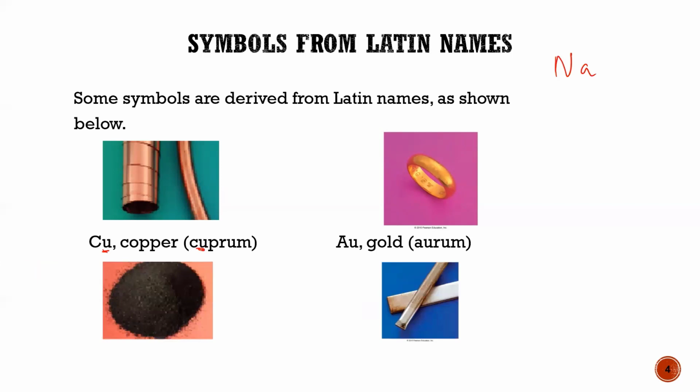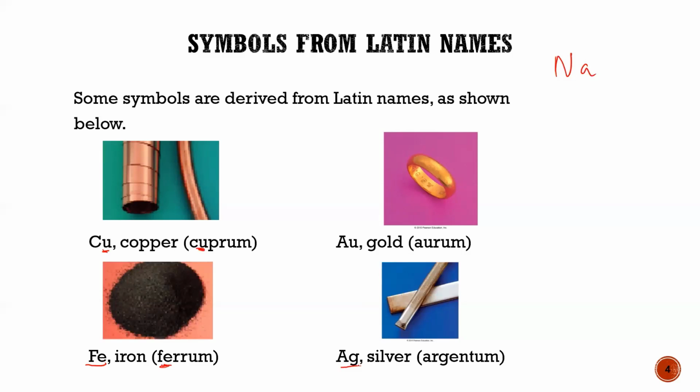Now, this is hard to see, but if you ever played in a sandbox with your kids and had a magnet, a lot of times you get these little black filings on the magnet. I remember that when my kids played Thomas Train. Those little black filings were iron. And why is iron Fe and not I? Because it's derived from ferrum.